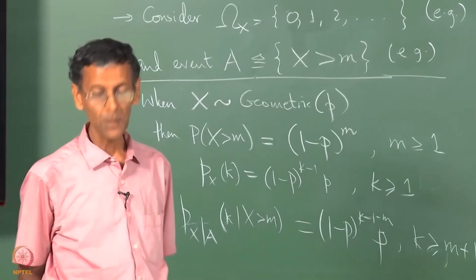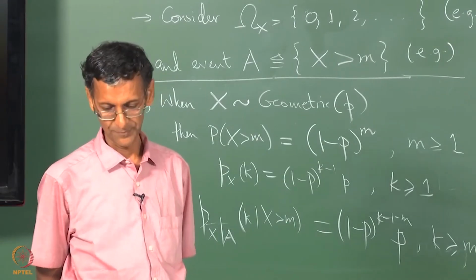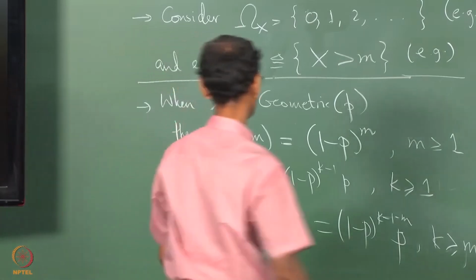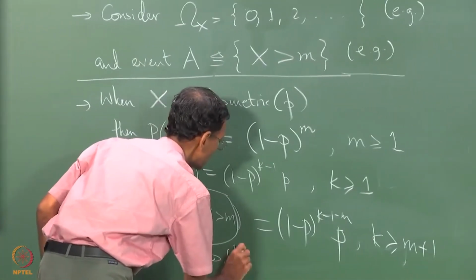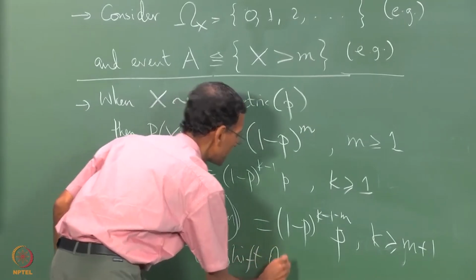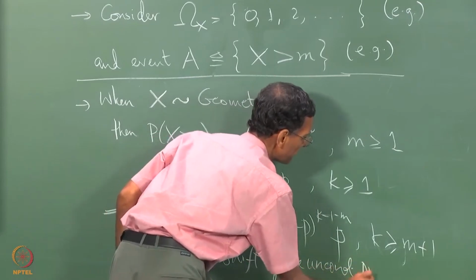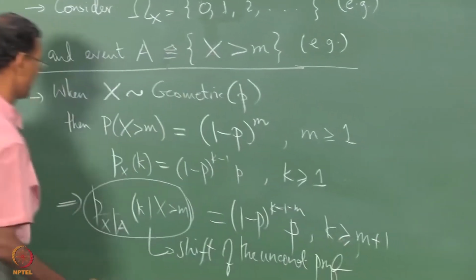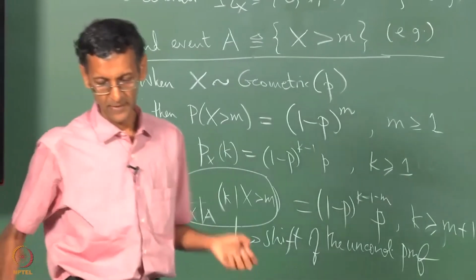In other words, the whole PMF is preserved intact, except that it is shifted. This whole thing is a shift of the unconditional PMF. This is the so called memoryless property of the geometric distribution.